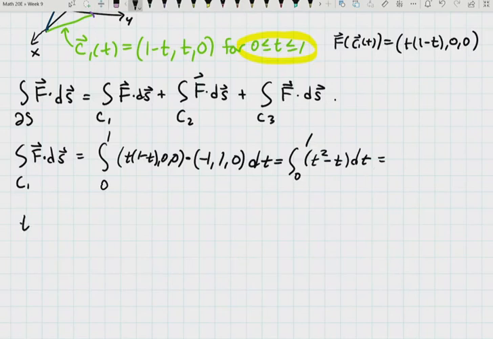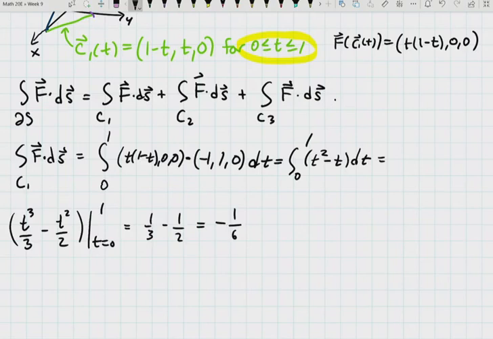So that's t cubed over 3 minus t squared over 2 from t equals 0 to 1. 1/3 minus 1/2 is negative 1/6.